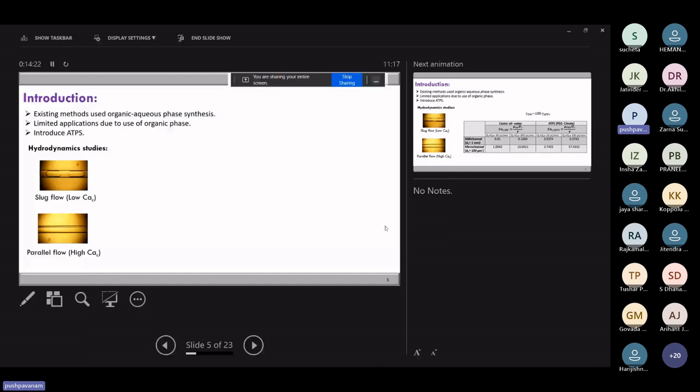This dimensionless number, the capillary number, tells you the ratio between the inertial forces and the surface tension forces. If the capillary number is low, that means the surface tension is very high, and therefore the liquid breaks into slugs, and you see this flow. If the capillary number is high, the surface tension is low, inertial forces are high, and we have a parallel flow. So this is the basic idea.